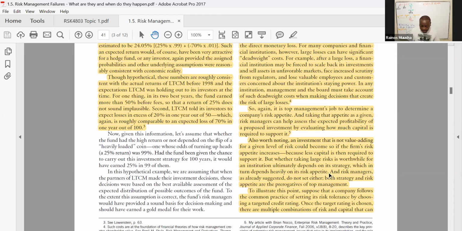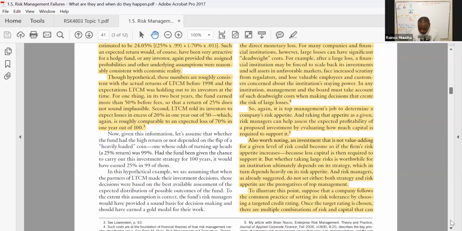So as they say, risk managers, as already suggested, do not set either. Both strategy and risk appetite are the prerogatives of top management, which means the risk appetite and the strategy that the organization needs to take is not the job and responsibility of the risk manager. It's the job and responsibility of the top management and the board.